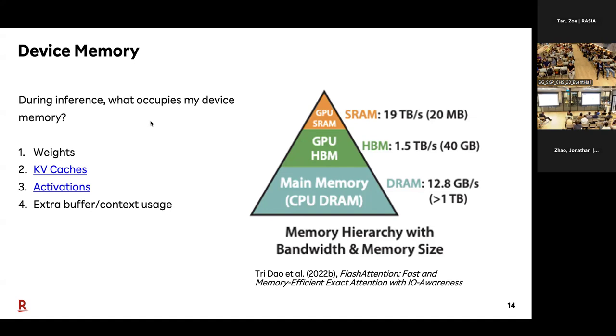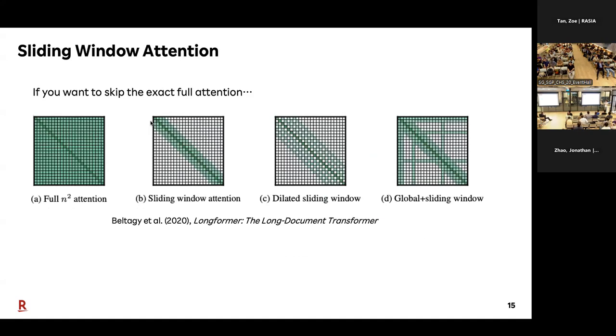So memory is always expensive, and people come up with many ideas to overcome the limited memory. One of the tricks here is sliding window attention. What it does is not use the exact full attention mechanism. It controls a sliding window to focus on only part of your context. Say the window size is 4,000 tokens.